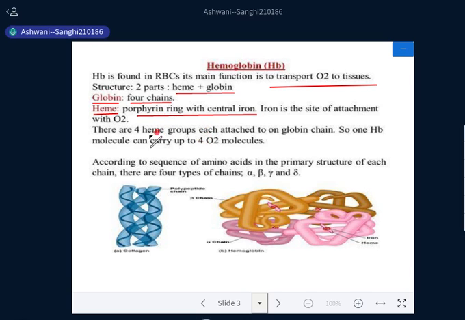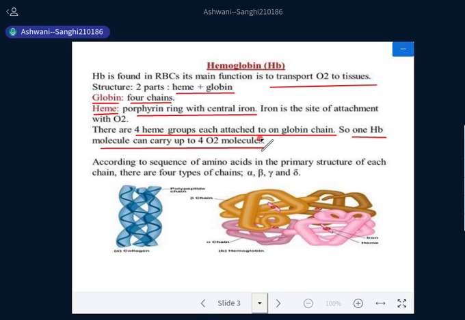In hemoglobin, 4 heme groups are attached with 4 globin chains. So one hemoglobin molecule carries up to 4 oxygen molecules, as there are 4 globin chains, and 1 globin chain combines with 1 oxygen.